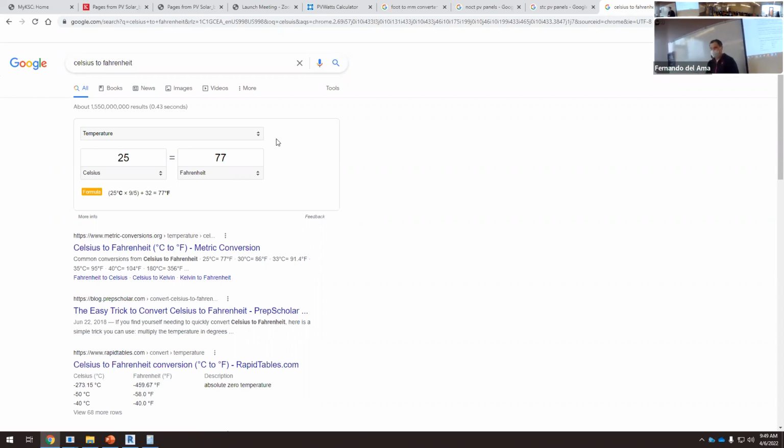When do we have 77 Fahrenheit? In Kin, probably a couple of months. But 77 Fahrenheit is the optimum. If it increases, then the performance drops.